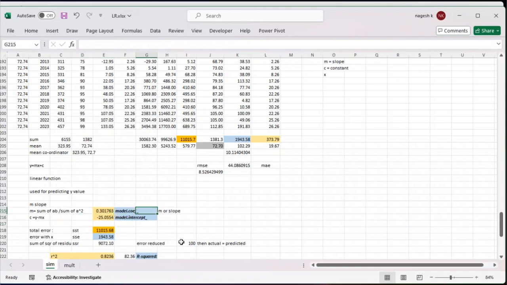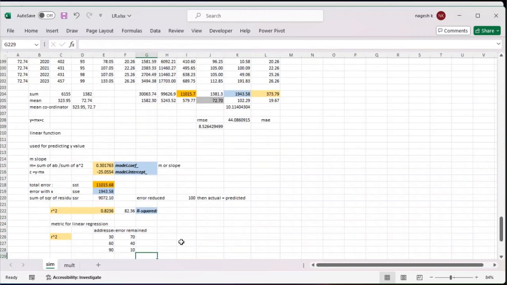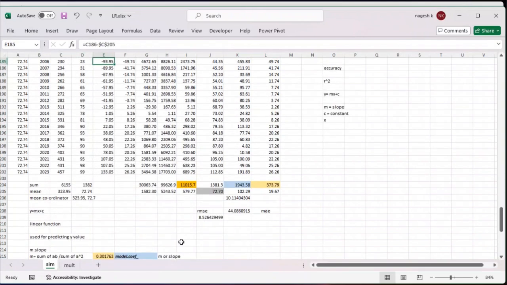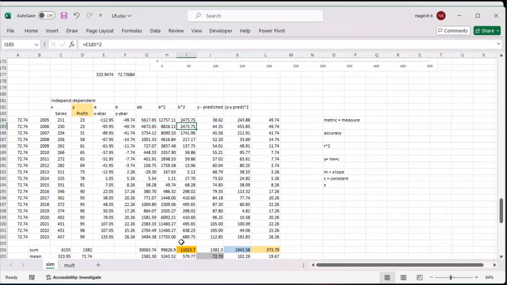And c we got minus 25.0554. m is called the coefficient and c is the intercept. Please remember this. As we told already, with c and m we can calculate the y value.